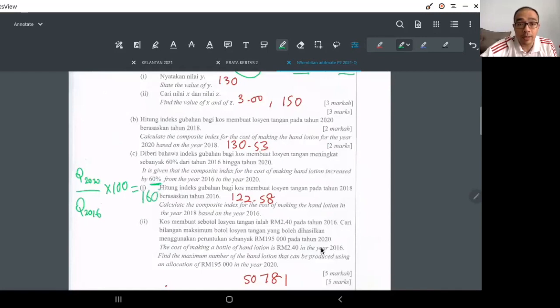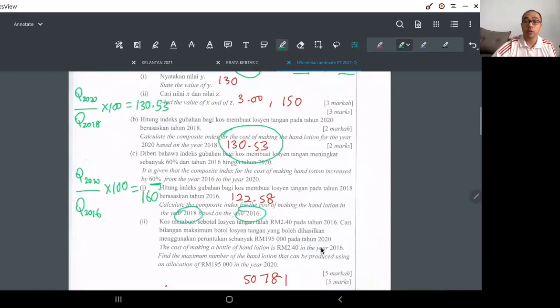Okay, increase becomes 160. And then you have the composite index of this 130.53, which is the total price of 2020 over the total price of 2018 times 100 equals to 130.53. And the question is asking you for 2018 over 2016.